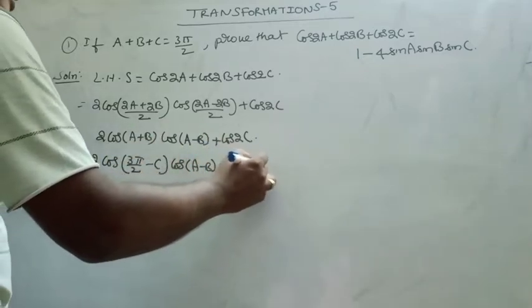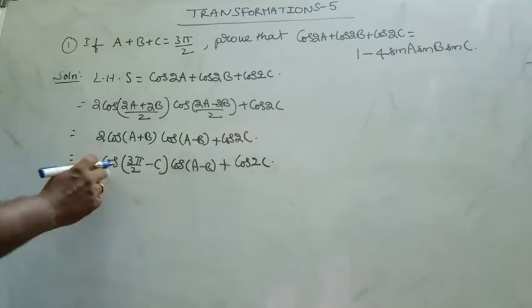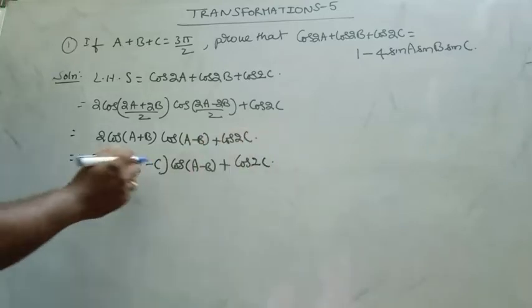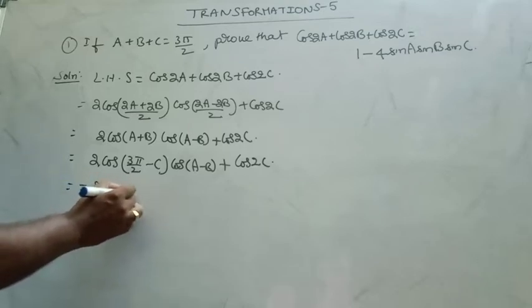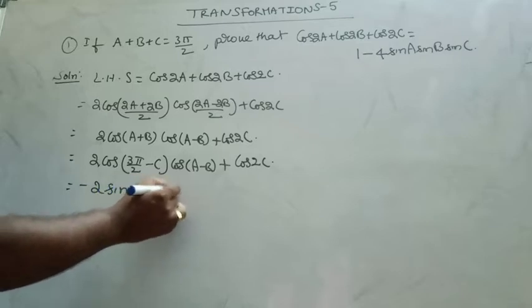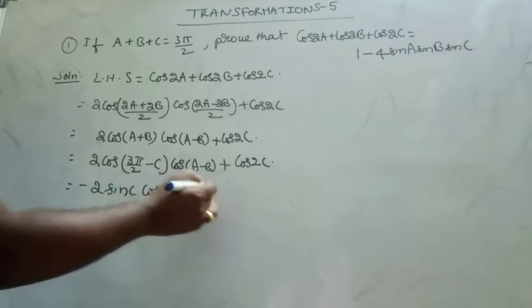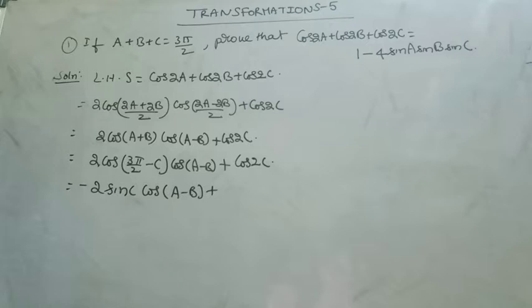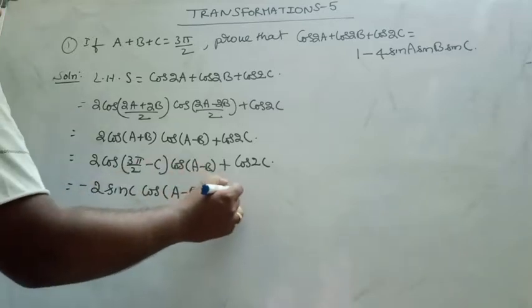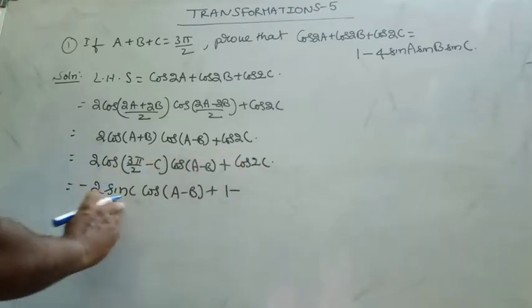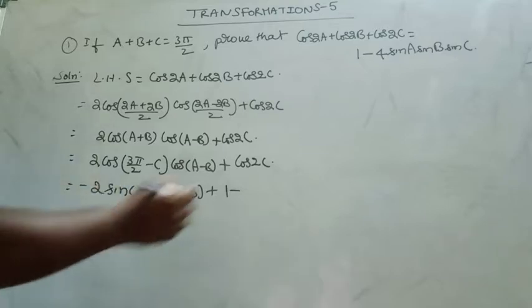Fine. Now you see my dear students, this is equal to 2 cos (270 minus c), that is nothing but minus 2 sin c into cos of (a minus b) plus cos 2c, we are having here, of course. This cos 2c we will write as 1 minus 2 sin square c, because we want that in terms of sin c, since we have got here minus 2 sin c.